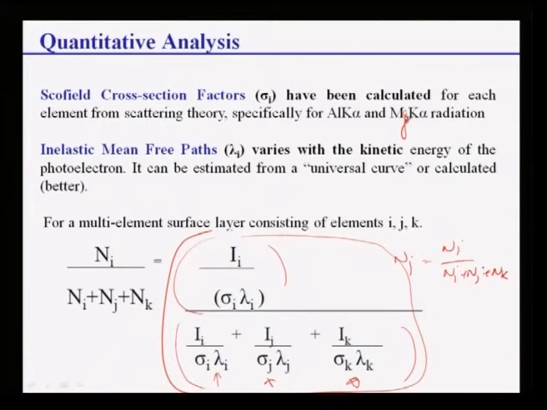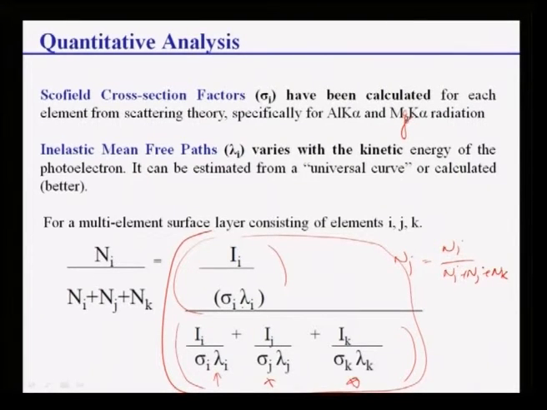If we look at it properly, it is the ratio of I divided by sigma lambda for the specific element, divided by the sum of the same ratios for all the elements, and in this way we can measure the particular element concentration in the surface layer.